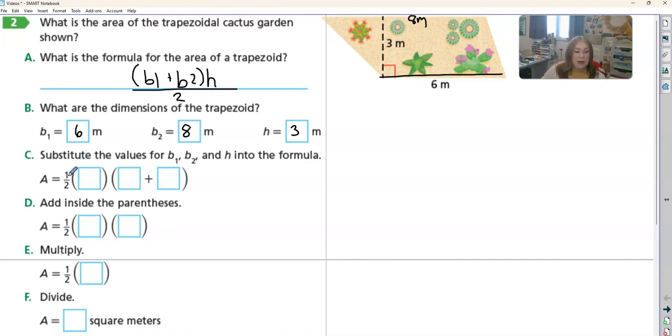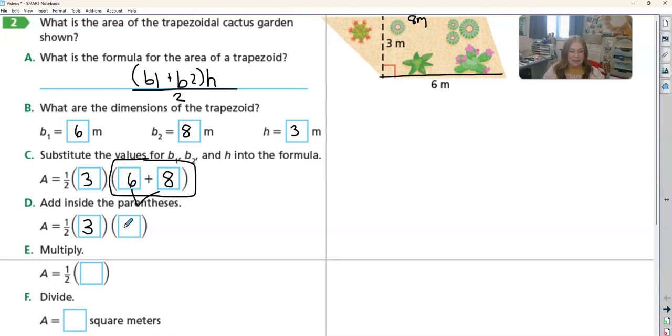So we need to plug in what we know. So we want half of the height, which is 3. And then we're adding our bases together. Okay, so now we're adding what's inside the parentheses, which is here. So 6 plus 8 goes here. And we still just bring that down.